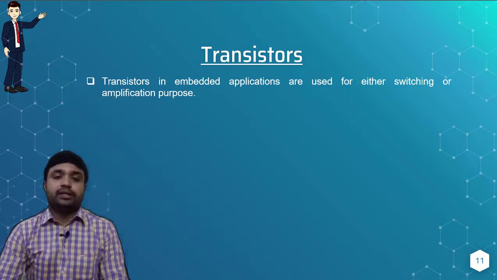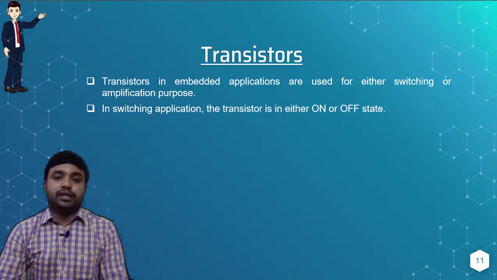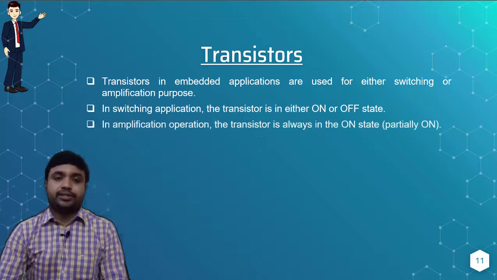What amount of quantity is needed at the receiver end can be provided by the transistors. Next, in switching applications, the transistor can be either in on state or off state. These are the two states in which a transistor can be operated. In amplification, the transistor is considered to be always in on state, which is comparatively a partially on state.